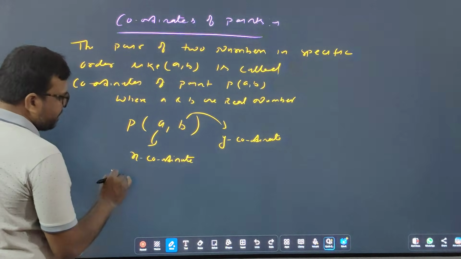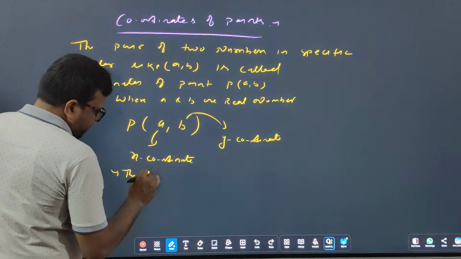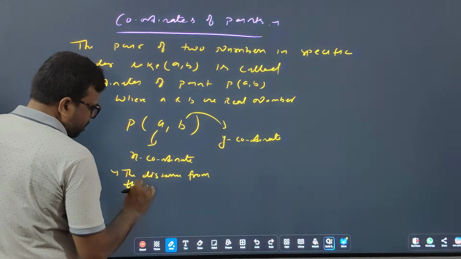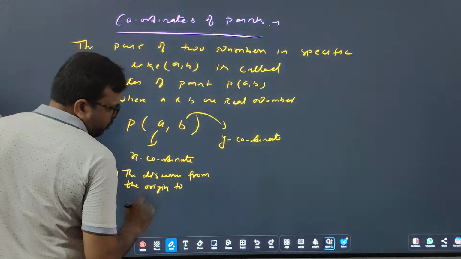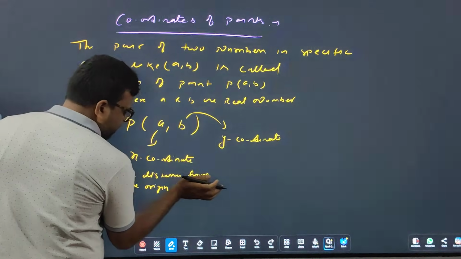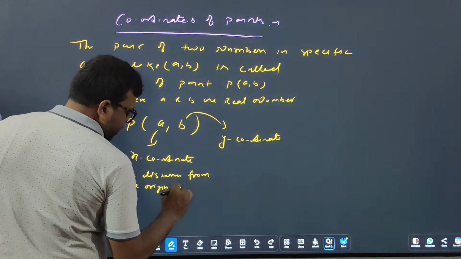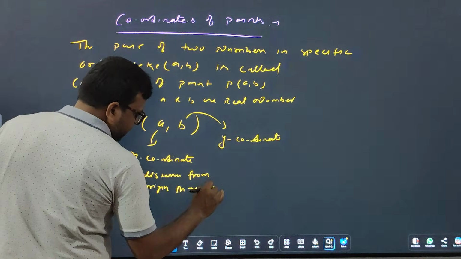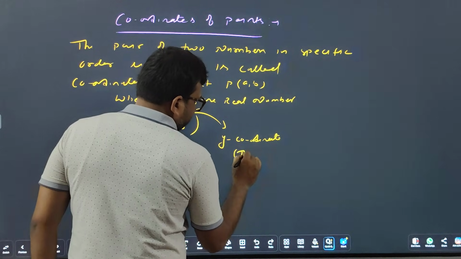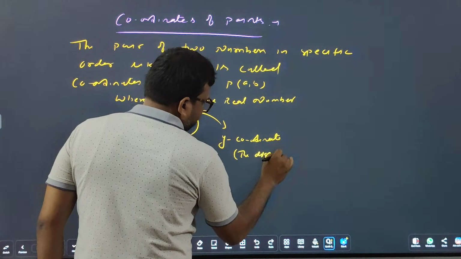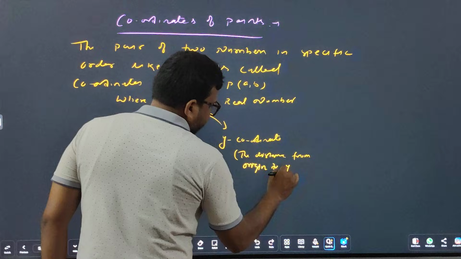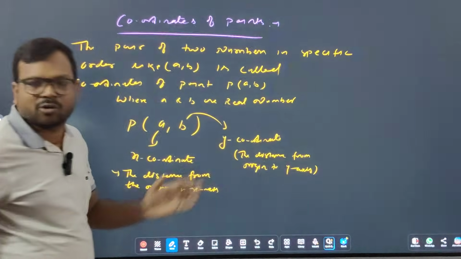Someone asked me, sir, what do you mean by the coordinate? X coordinate means the distance from the origin along the x-axis, and the distance from the origin along the y-axis is called y coordinate.